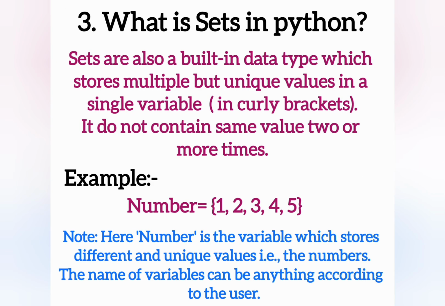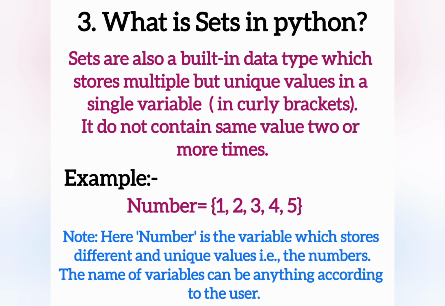The next one is set. So what is a set? Sets are also a built-in data type in Python. These also store multiple data, but the thing we have to keep in mind is that a set does not contain repeated values. It contains one value only one time.